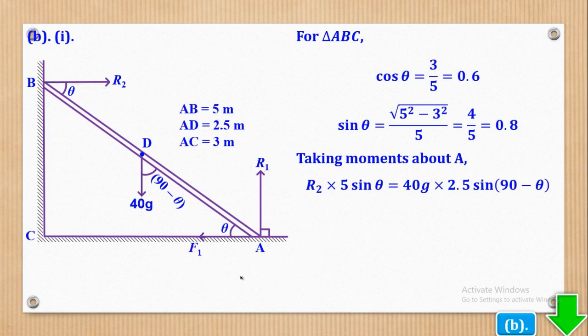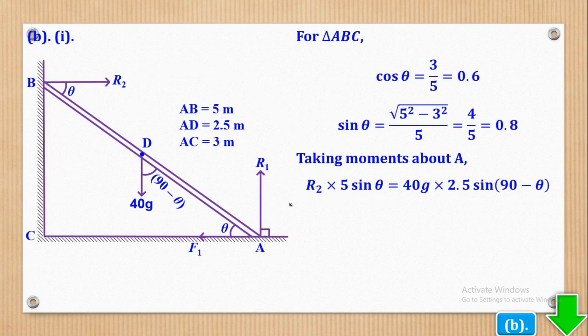Therefore, for this part, F is R2 and D is 5, because from this pivot up to this point where the force starts from is 5. That's why they put 5 here. Then sine theta, because theta is the angle between this force and the ladder. So that is for R2.